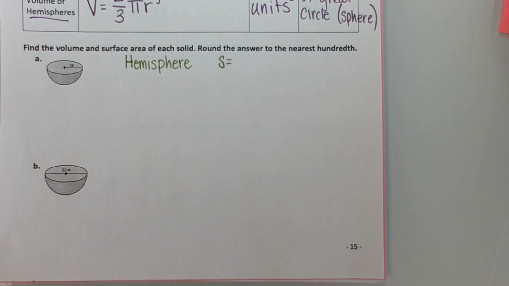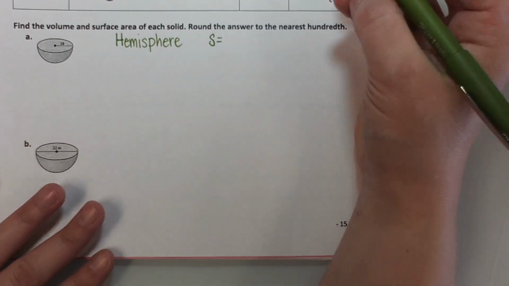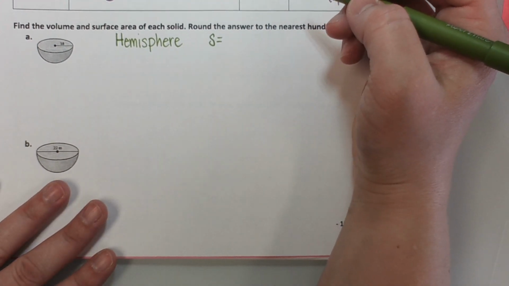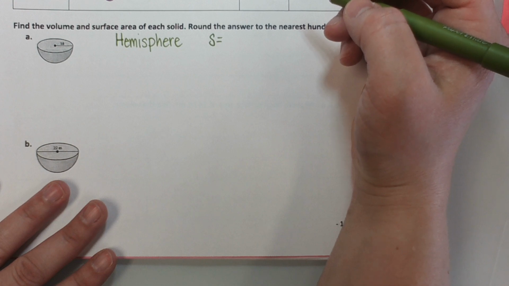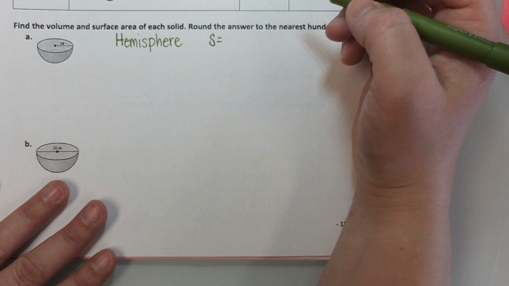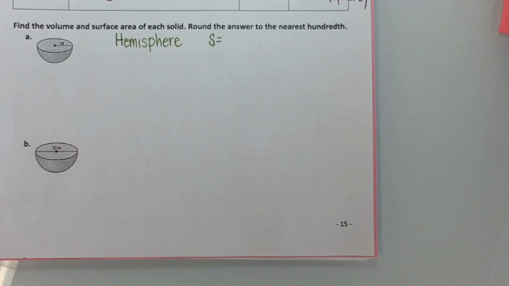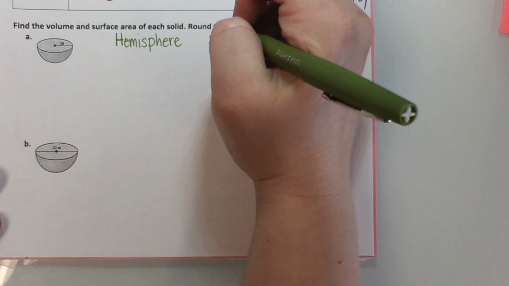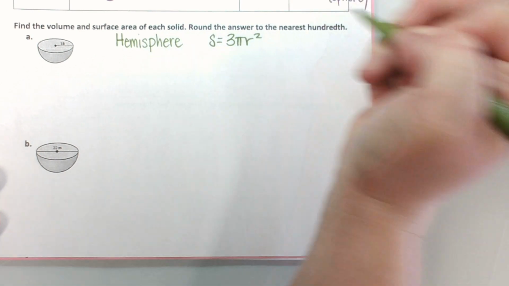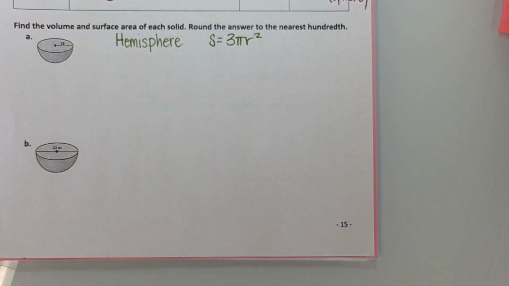Nate, what's the formula for the surface area of a hemisphere again? Nope, that's full sphere. 2 pi r squared, that's the bowl. Plus an additional pi r squared, making 3 pi r squared, thank you. Yep, that's the one we wanted.